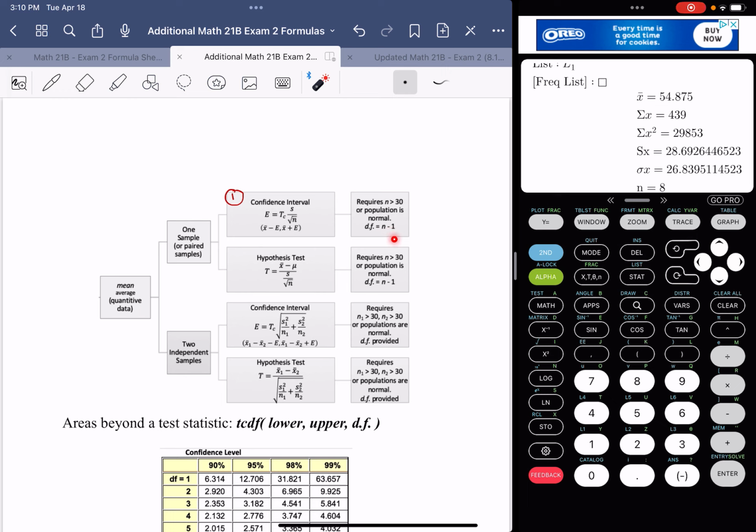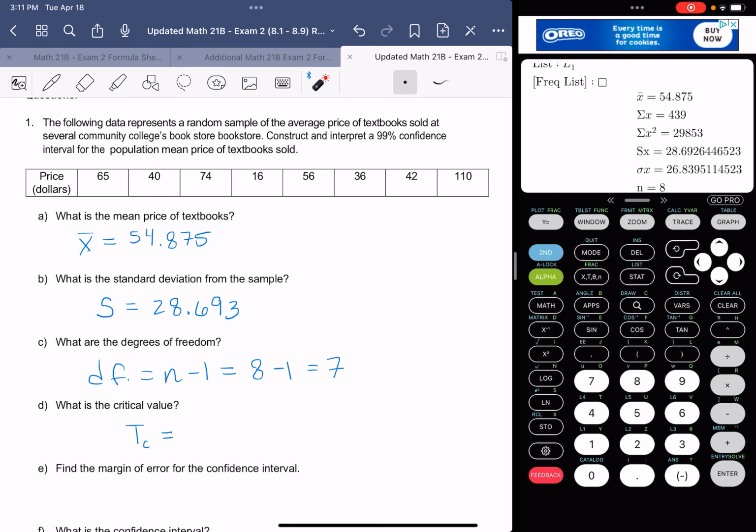All right. Next, what is the critical value? We denote that with t sub c. And remember, our critical values come from this table, where we need to know the degrees of freedom and the confidence level. So we just said the degrees of freedom was 7. Oh, question? Do we need to write t sub c equals and then the answer, or can we just write the answer? I would like to see the t sub c.